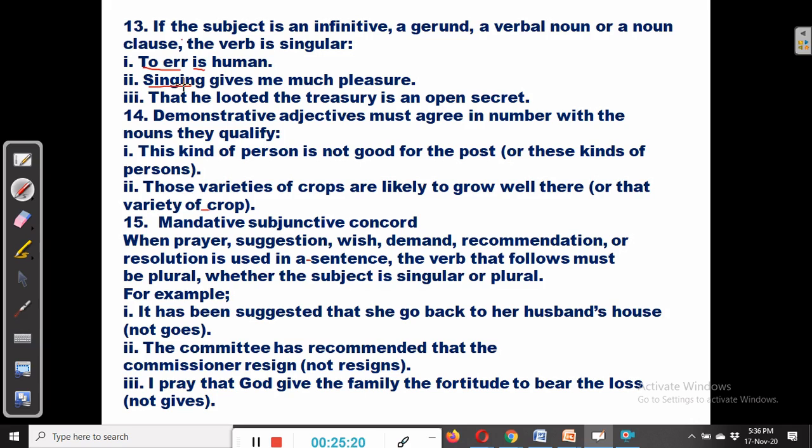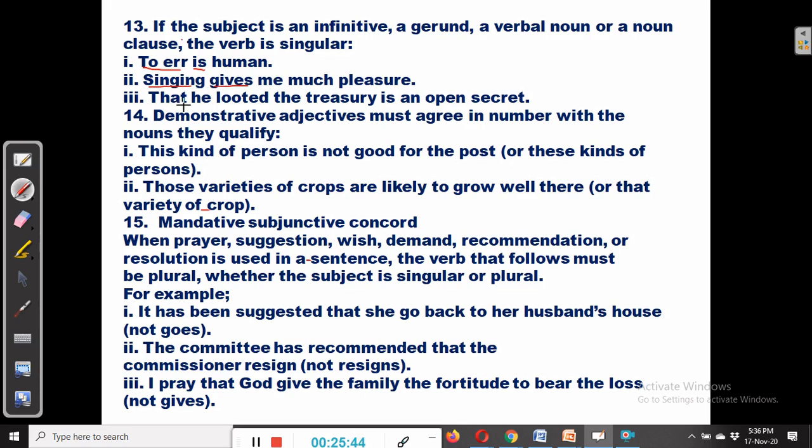But here it is used as a gerund. When a present participle is used as a noun, of course it is called a gerund, or a verbal noun, if you like. Singing gives me much pleasure, so it takes a singular verb.